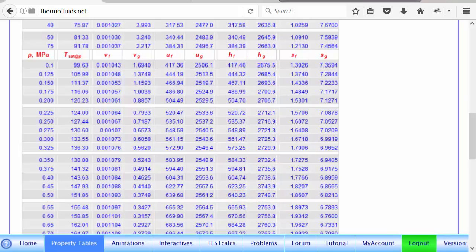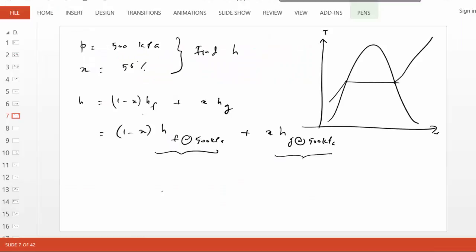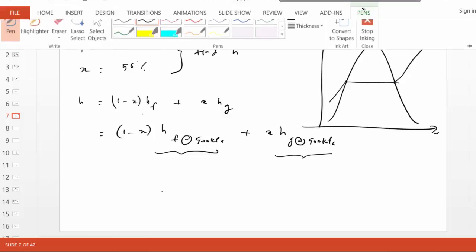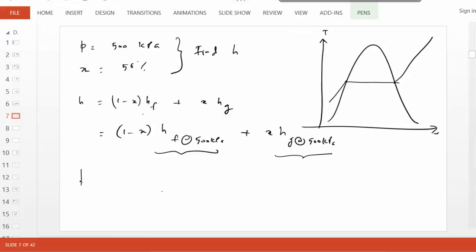This turns out to be very simple if you know x, but many a times x is not given to us. So let's say, instead of x being given, a variation of this problem could be pressure equals 500 kPa and h equals 1000 kilojoule per kg.